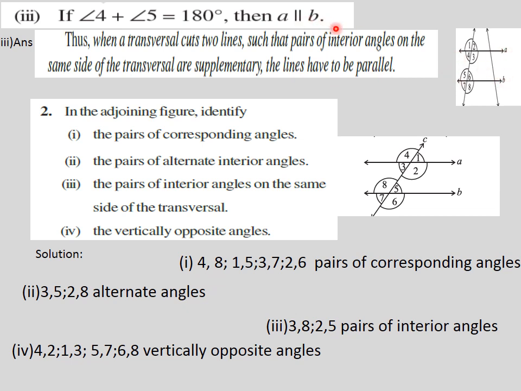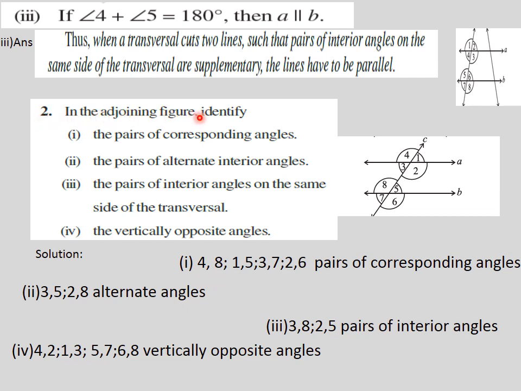A should be parallel to B. So when the sum of two interior angles is supplementary, then the lines have to be parallel.